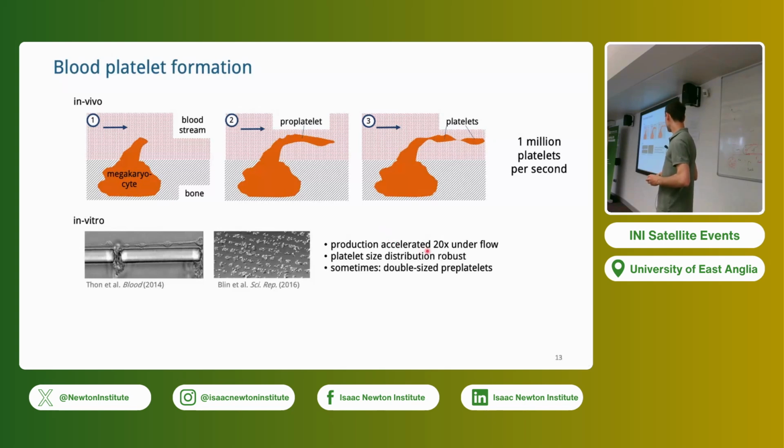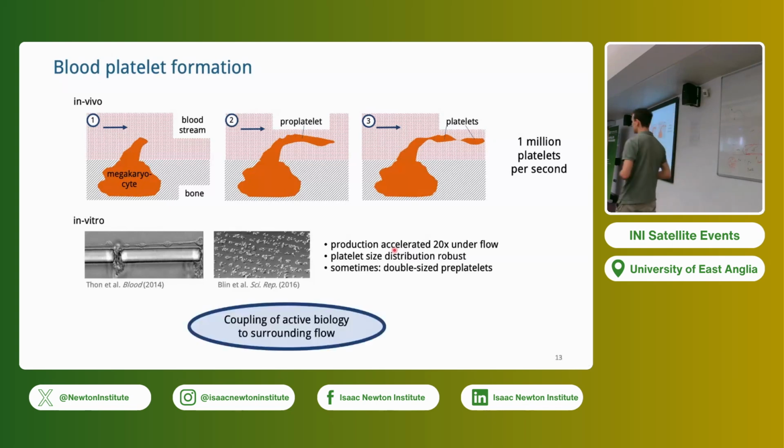One also finds that the size distribution, even though you are changing the velocity, is relatively robust. So what you get out is really functional platelets that have the correct size distribution, with the exception that sometimes you find platelets which have about twice the size as the usual size, the usual volume of the platelets.